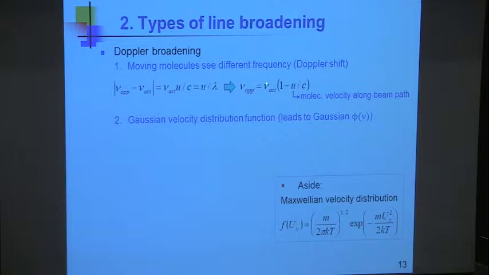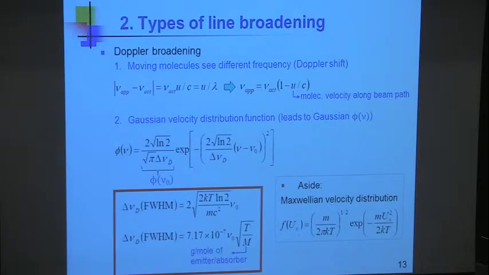Now, the velocity distribution is Gaussian, that is the Maxwellian distribution for random velocities. That's different than the convective velocity. The random velocities are given by this Maxwellian distribution where we take only one coordinate x because we only care about the component along the laser beam path.